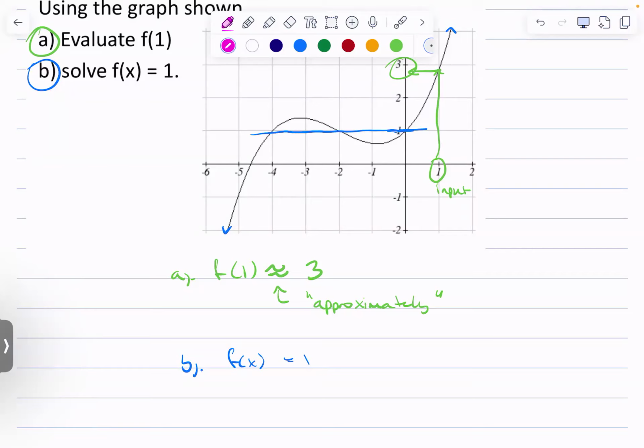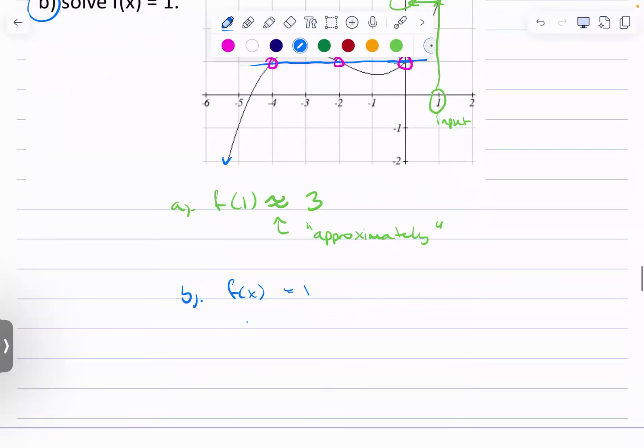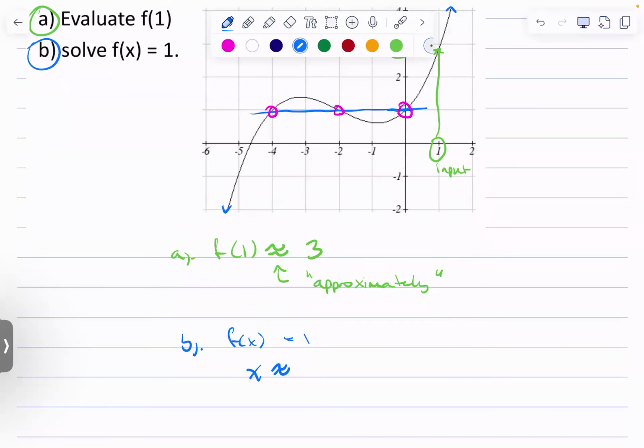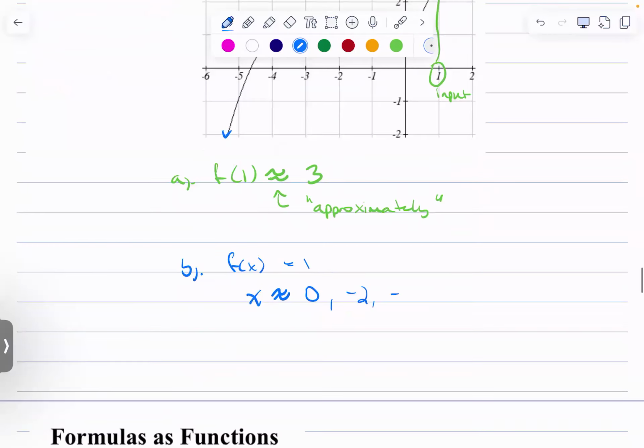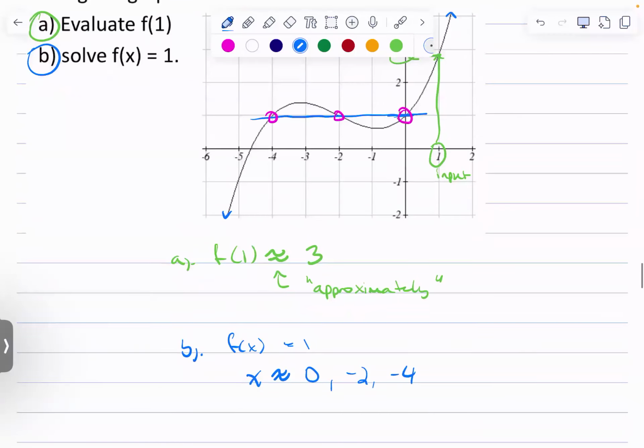Well, I see there's here, here, here. Okay. So there are 3 inputs that yield an output of 1. So x, again, I'm just approximating here. X is roughly 0, -2, and -4. Nothing too crazy.